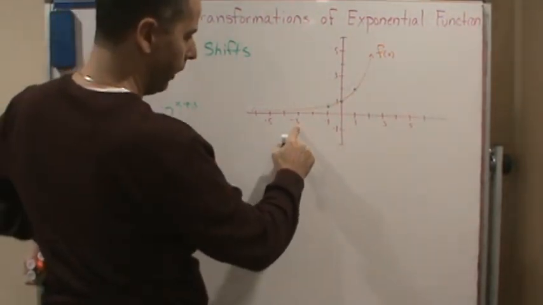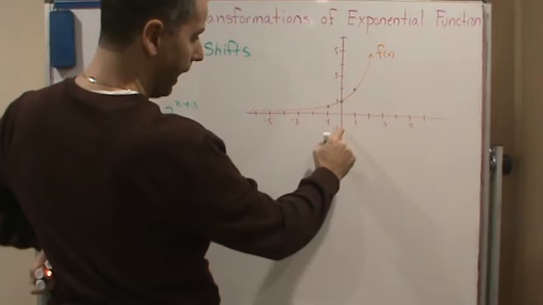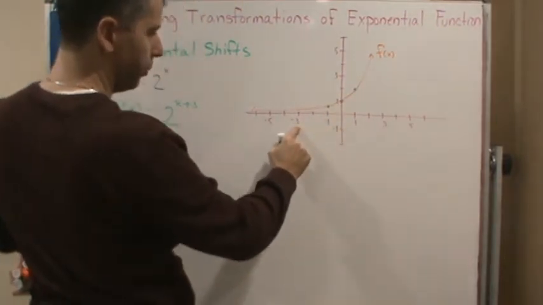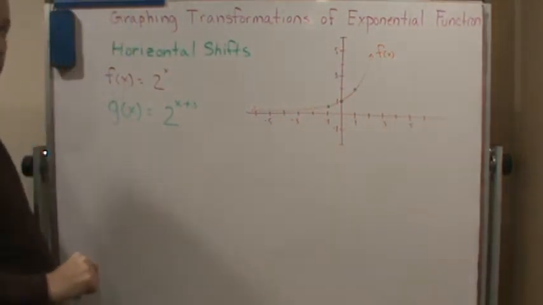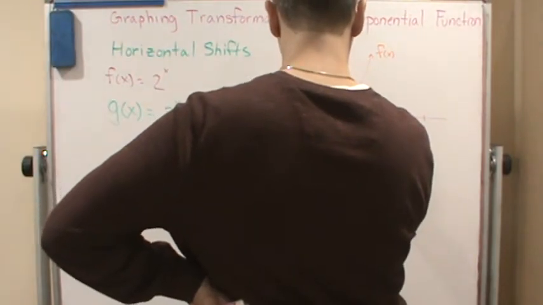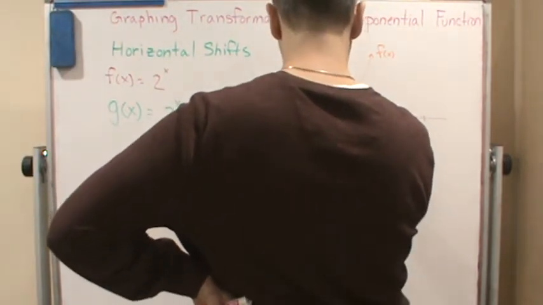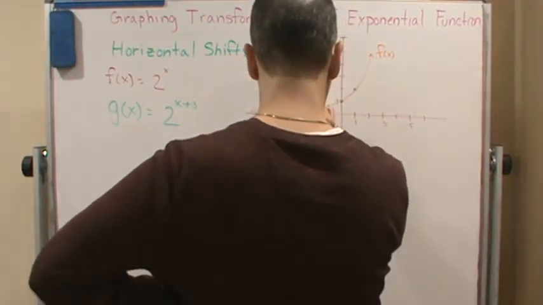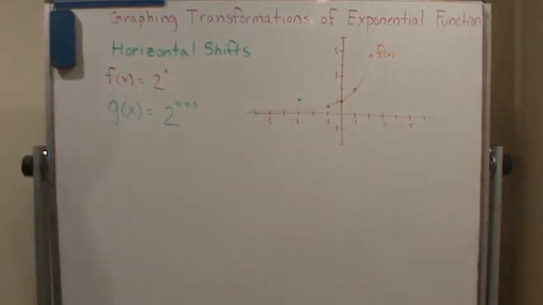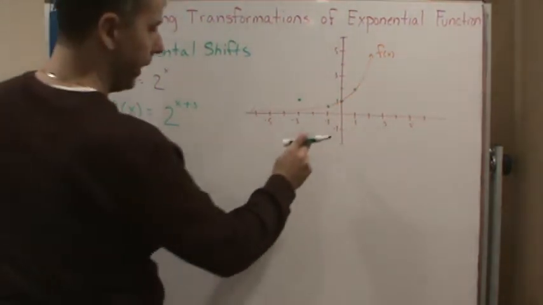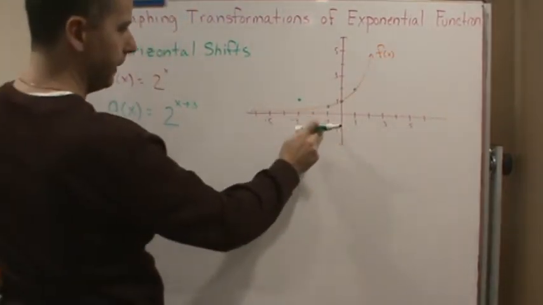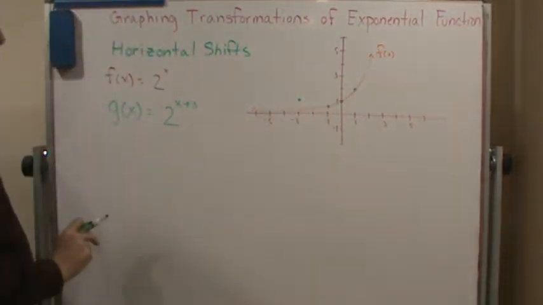What happened? Effectively, this point got moved over 1, 2, 3 units to the left. So one of my points is going to be here. And then what happens here? When is g of x going to be a half?